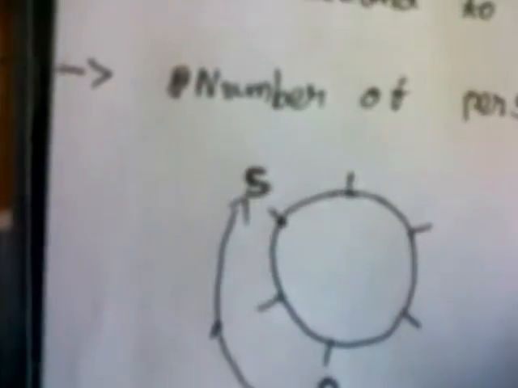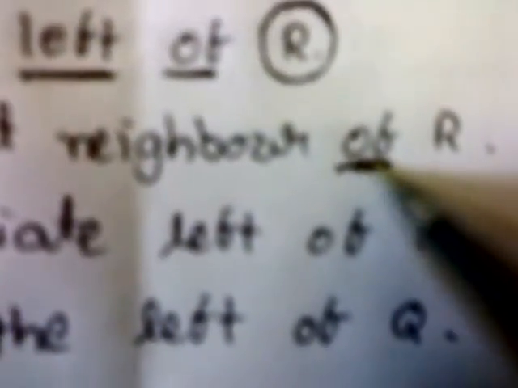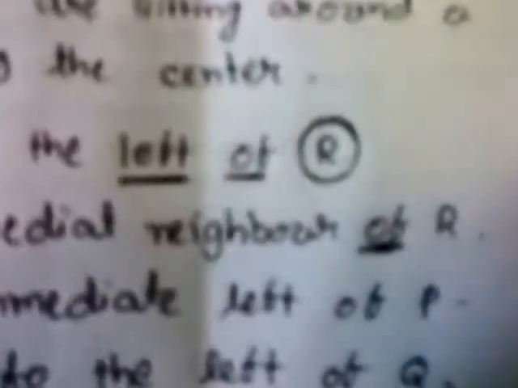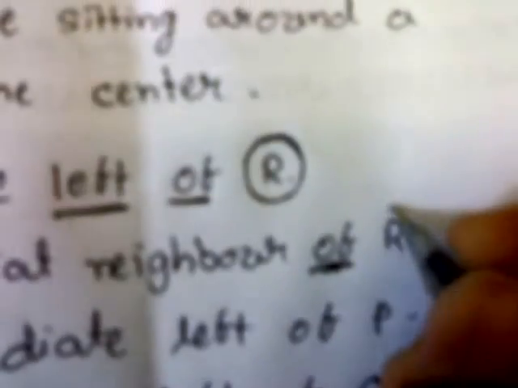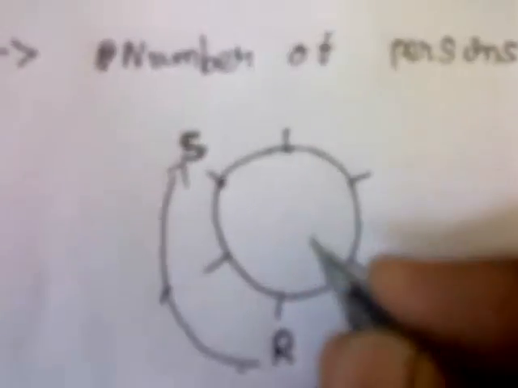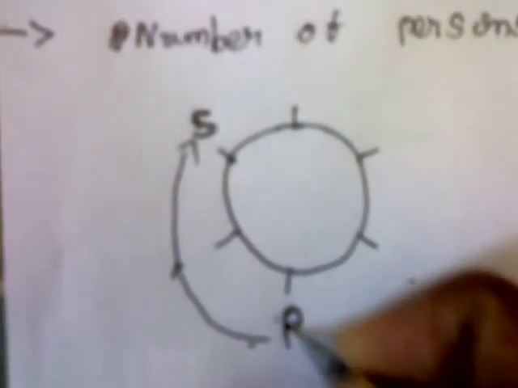Now move on to the second condition. The second condition says P is not an immediate neighbor of R. The letter followed by of is again R, and we have already put R on the circle.